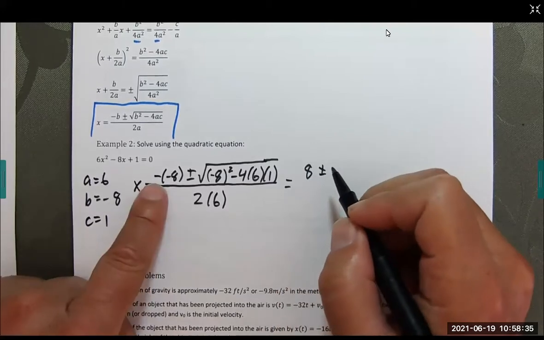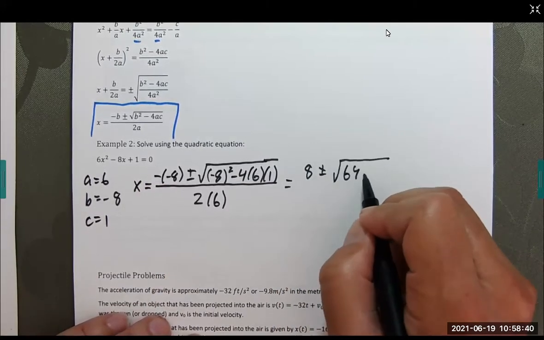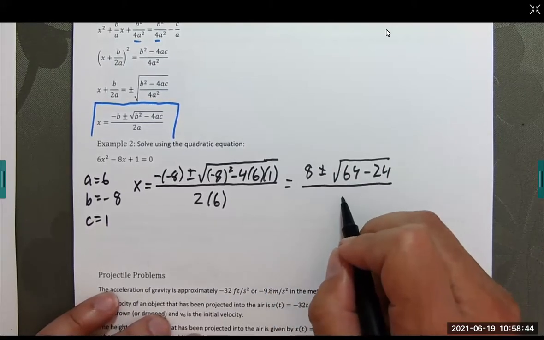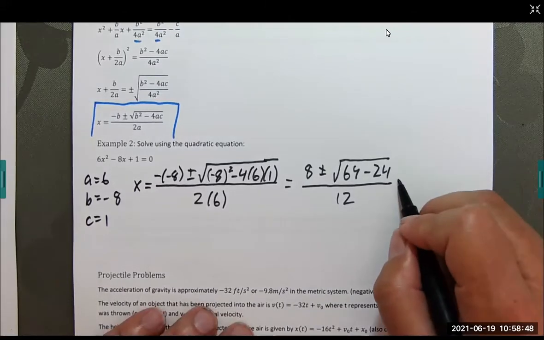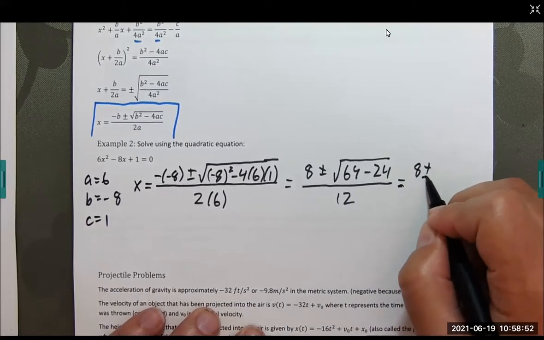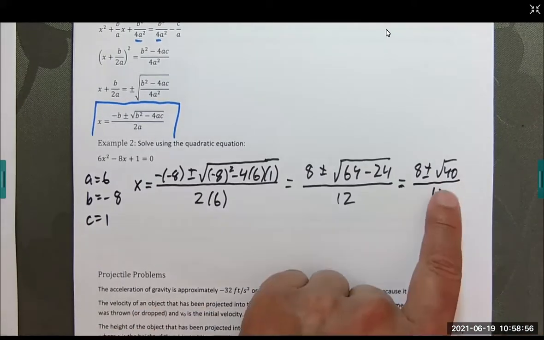So again, we got that double minus going on there. This becomes 8 plus or minus root 40 over 12. Now, of course, we need to simplify that root 40.